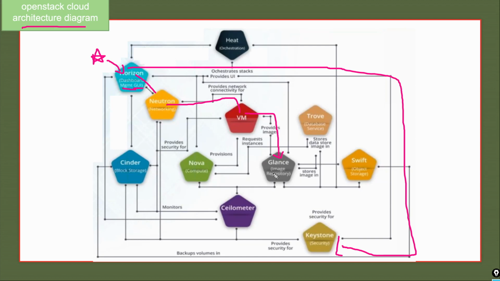For Ubuntu, you need an image, so you need an image repository for that. Maybe there is some data in Trove, in the database, and on your Ubuntu you have some data which was stored before. So you need a connection to Swift or also Cinder. And then you're going to run something.